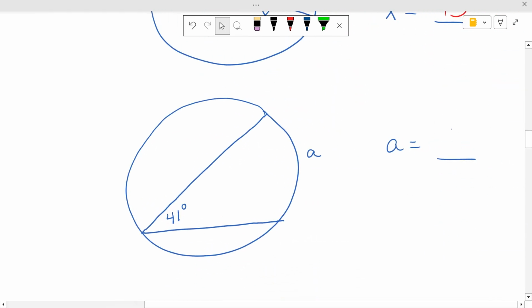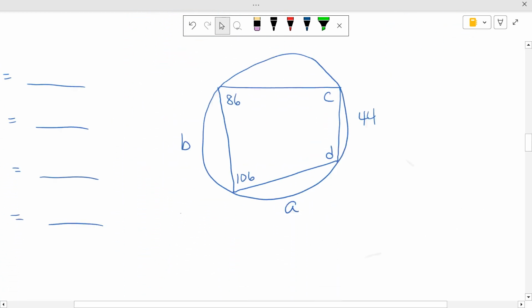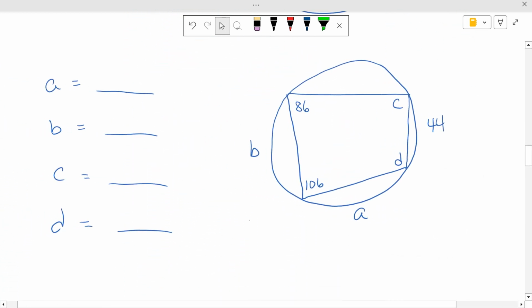All right. A little earlier, I talked about inscribed angle. An inscribed angle is 1/2 of the measure of the intercepted arc. So what's the arc here? 82. Uh-oh. We have these. Okay. So, what's easier to find, the arcs or the angles in this case?